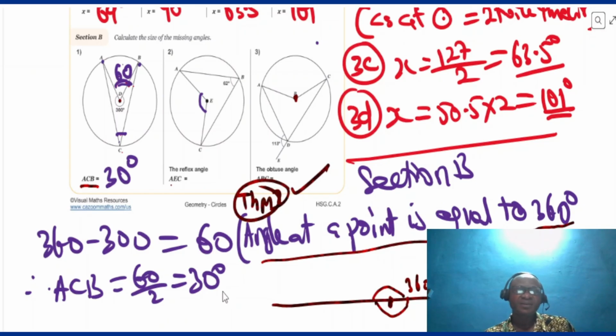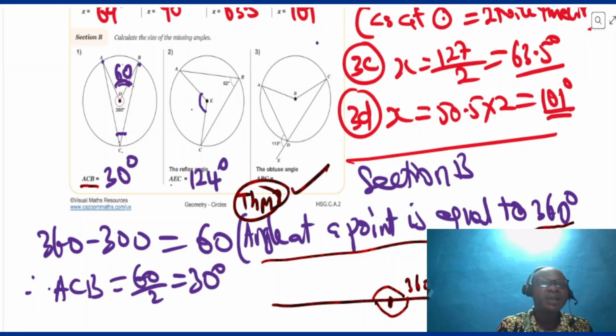You have to do 62 times 2. So what would they be? 124. So what you said is what you will do. It's correct. Angle at the circumference times 2 is the center. Is it not what we agreed? Yes, sir. So what you said is correct.